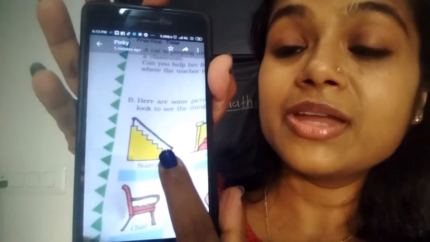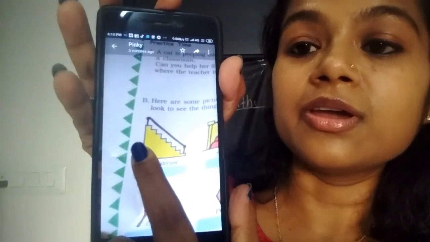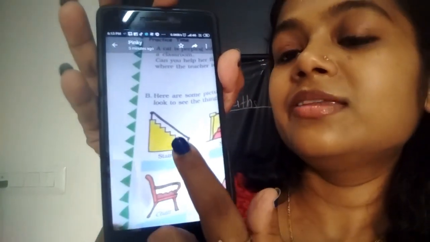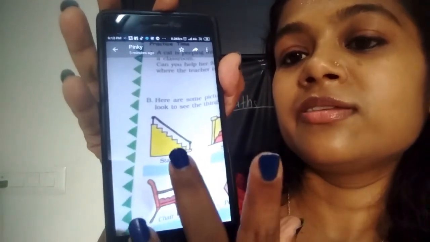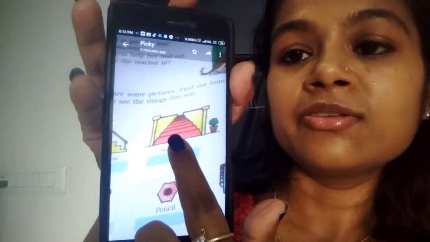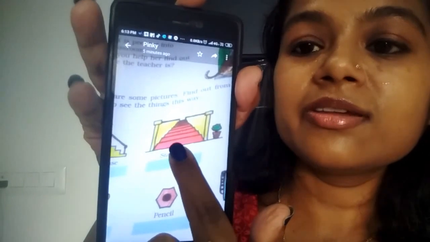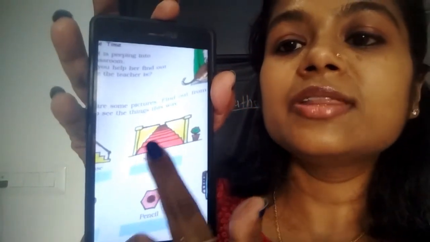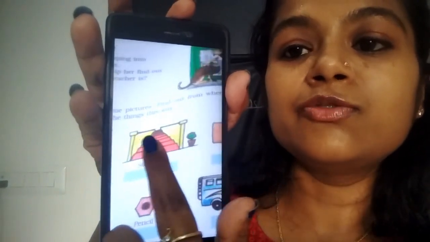When we see the staircase from the side, at that time we see the staircase this way. The next picture is also of a staircase. When do we see the staircase this way? When we see the staircase from the top, we get this view.